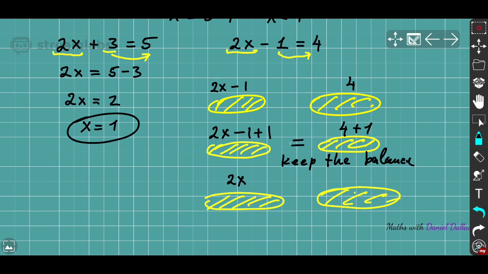This is equality between two parts, okay? So that's why on the right side you will have 5 instead. And this is your equation. So when you transfer a number which has a negative sign, it means that you need to take not just 1, but the whole number with the negative sign.